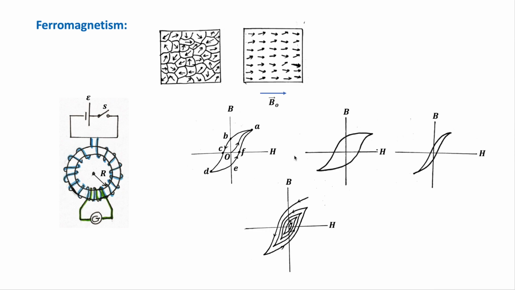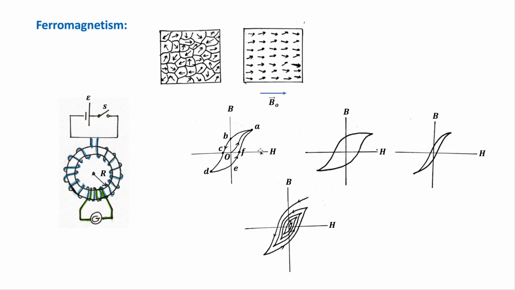The hysteresis loop for hard ferromagnetic materials is wide, as in this case, which means it has a large remnant magnetization. So the value here of the remnant magnetization is large. It also means that such a material cannot be easily demagnetized by an external field.